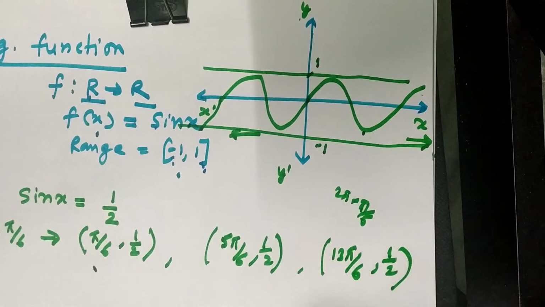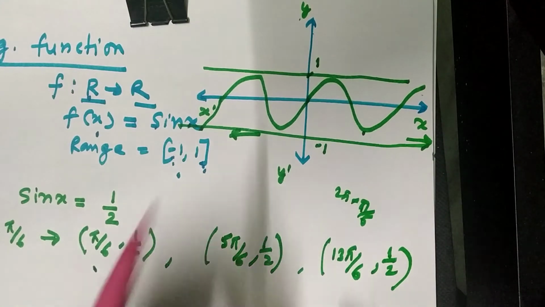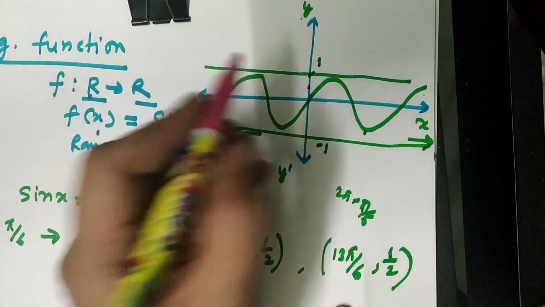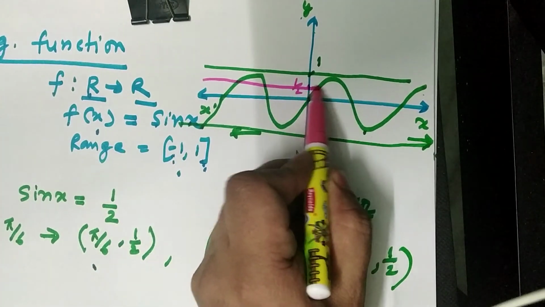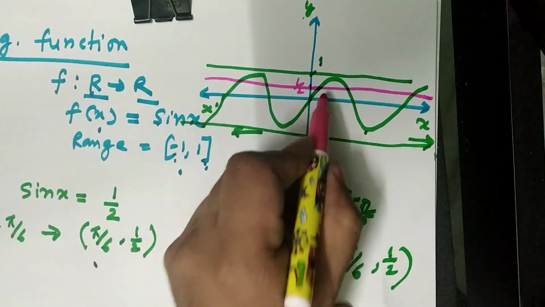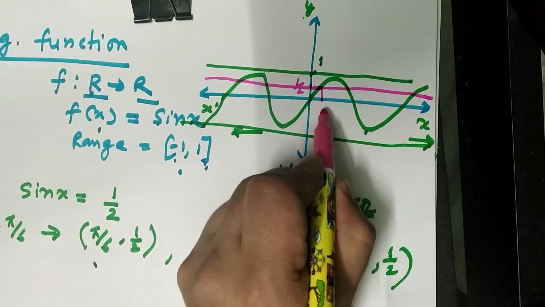This can be directly seen from the graph as well, because if I draw a line parallel to the x-axis passing through the point half, you will find this horizontal line will cut the graph at these points.